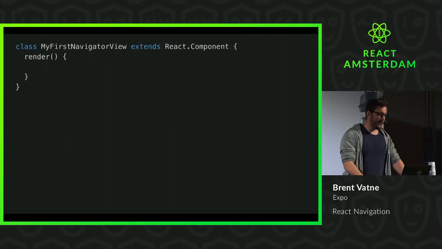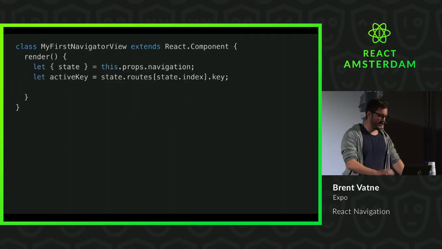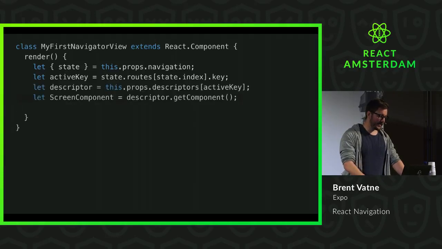Anyways, so implementing the navigation view, we have my first navigation view. The first thing we need to do is grab the currently active route. Because what we want to do in this case is we want to render the component for the active route. The next thing is that we want to get the component from that route. And createNavigator provides us with this useful prop called descriptors.